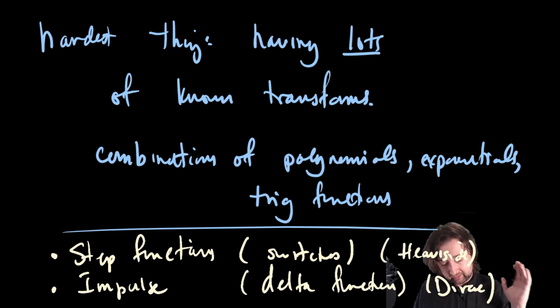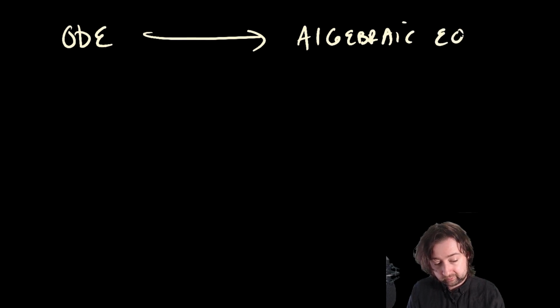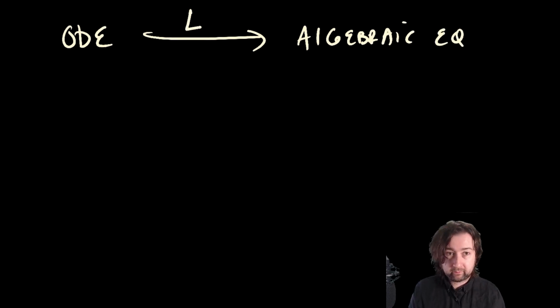All right. So the big idea of what we just did was an approach to solving differential equations, and it's always the same. We start with an ODE. We transform it from a differential equation into an algebraic equation using the Laplace transform.